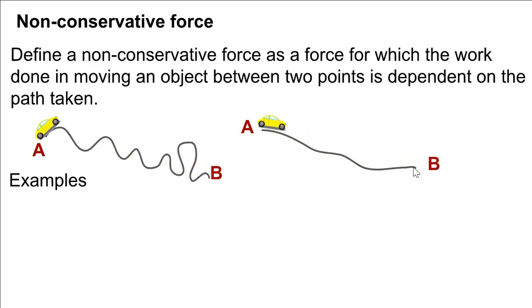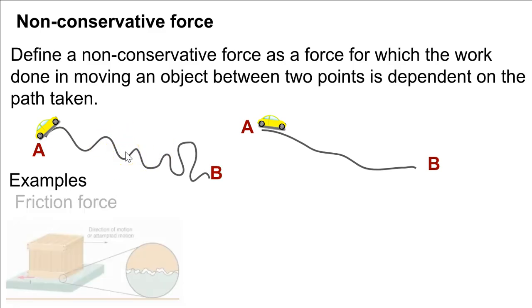With a work done by a conservative force, we don't really care how this path looks. As long as we know we're traveling from point A and B, we can calculate the amount of work done. That was in the situation of gravitational force and electrostatic force and the force in a spring. But if you, for instance, look at something like friction force, it really does matter where you traveled. And that is an example of a non-conservative force.